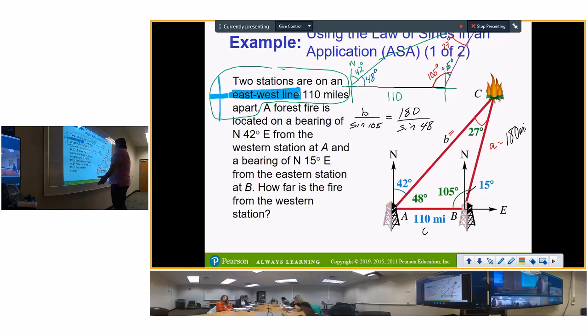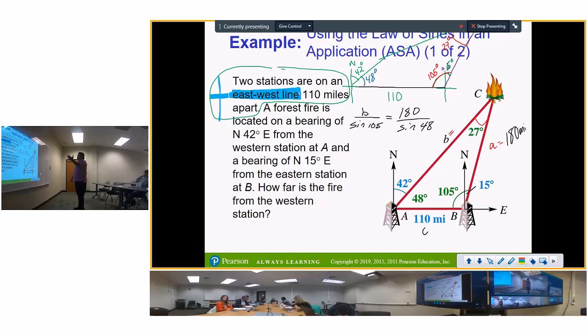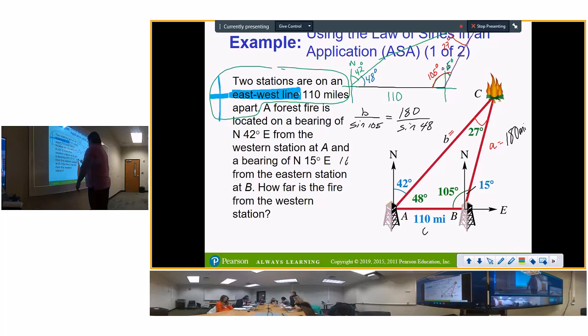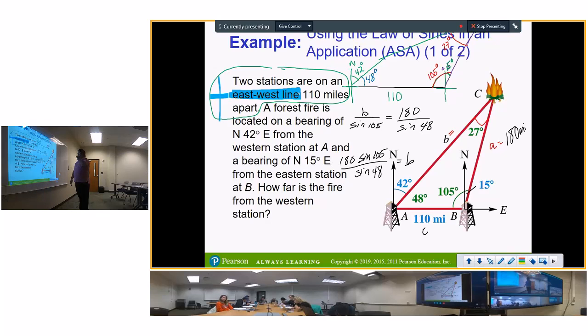Now, do you have to pick 180? Could you have picked 110 and sine of 27? Yes, you'll get the same answer. So I'm going to take 180 times the sine of 105 divided by the sine of 48. That's using algebra. And somebody give me that number.